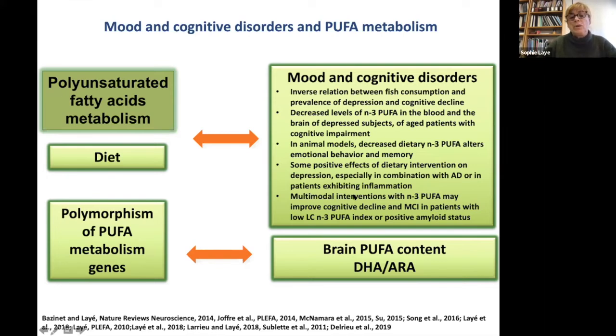Concerning Alzheimer's disease, the results are quite poor. It seems that the level of DHA given as a supplement can improve Alzheimer's disease a bit, especially in patients not bearing the amyloid load. But concerning cognitive decline in aged subjects, multimodal intervention with omega-3 may improve cognitive decline.